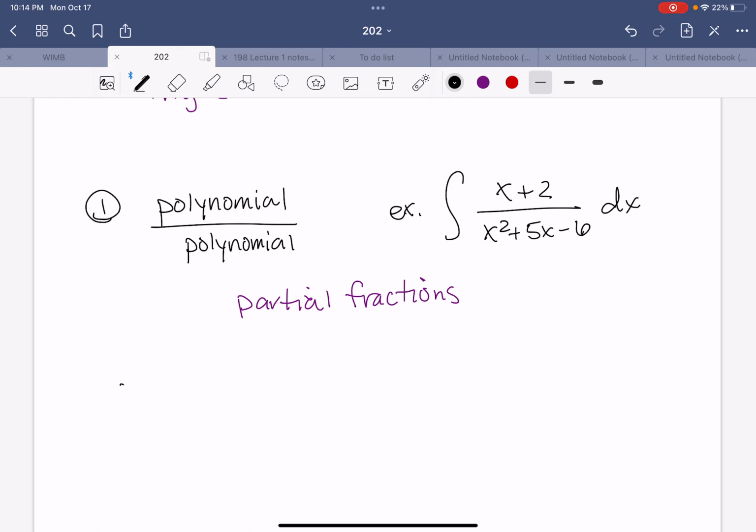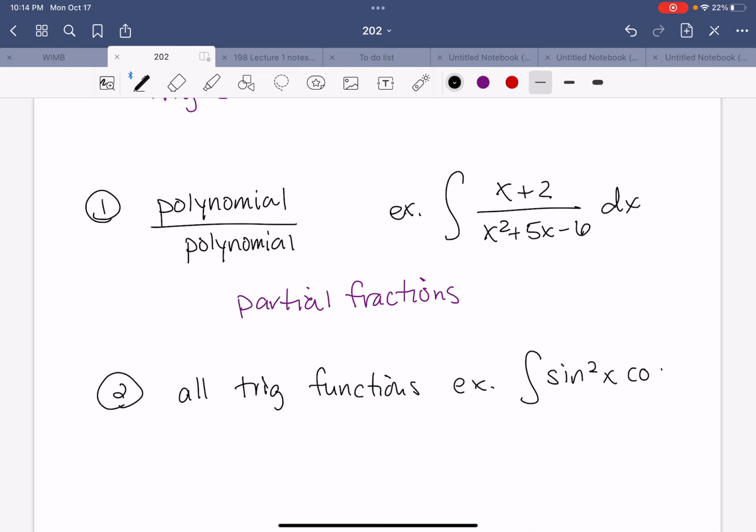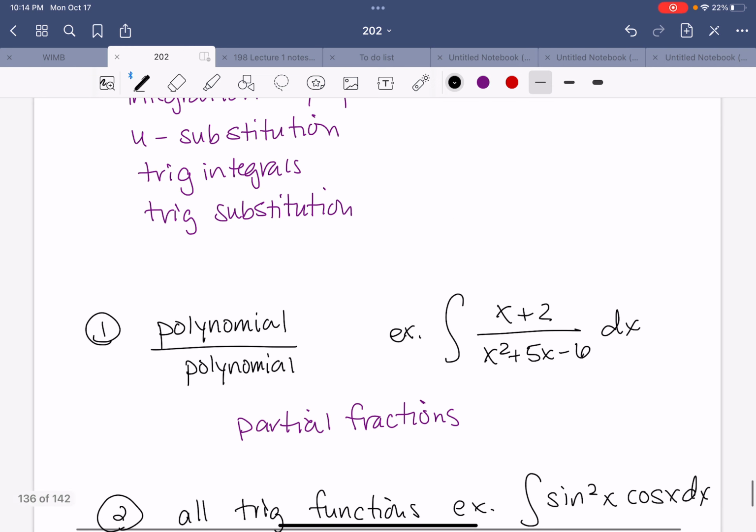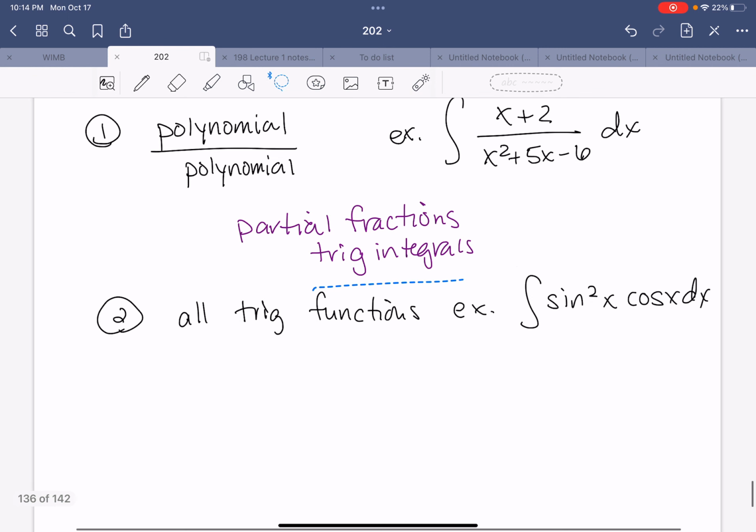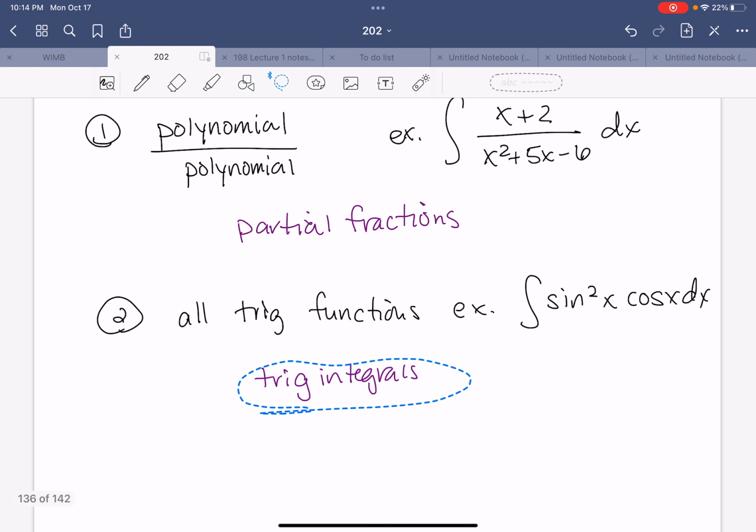Number 2, when you have all trig functions. For example, something like the integral of sine squared x cosine x dx. In that case, we're talking about trig integrals. And you've got different strategies here.